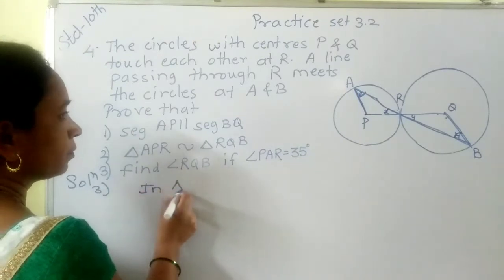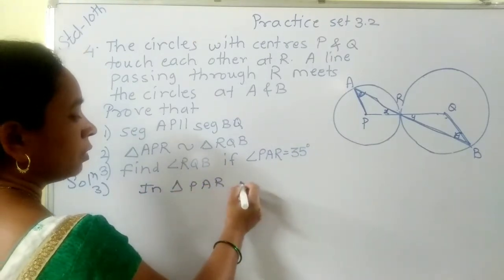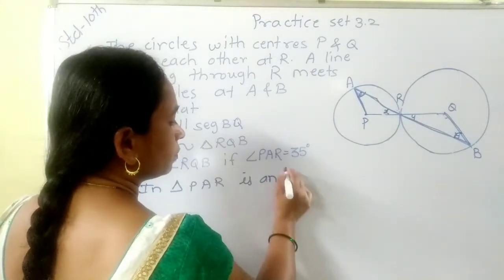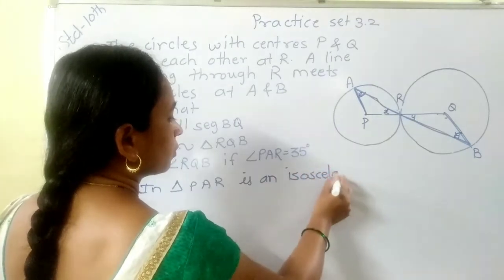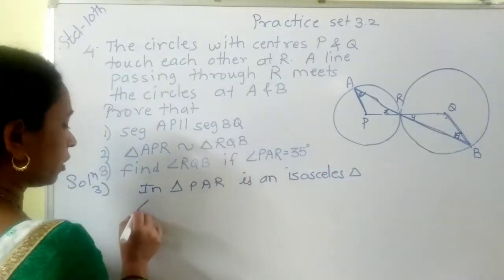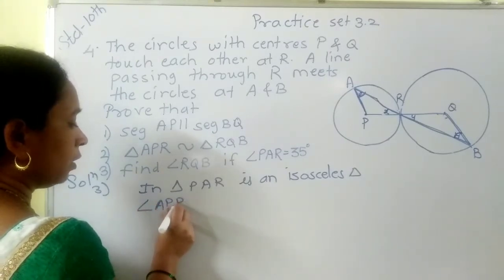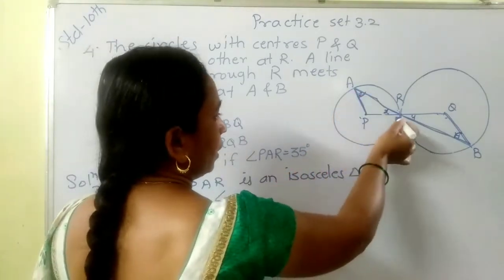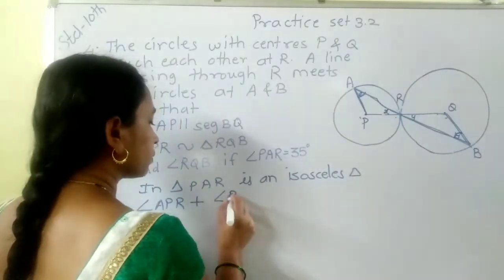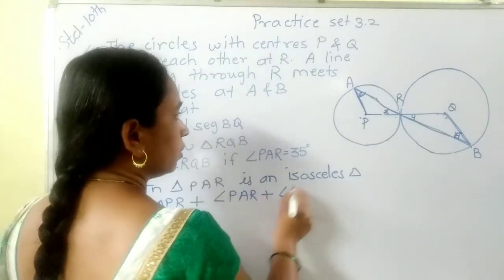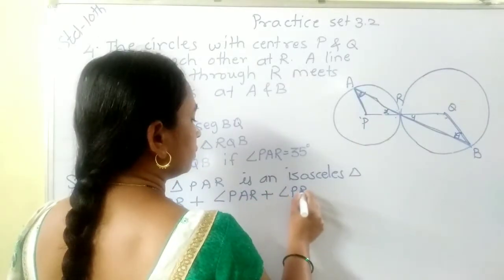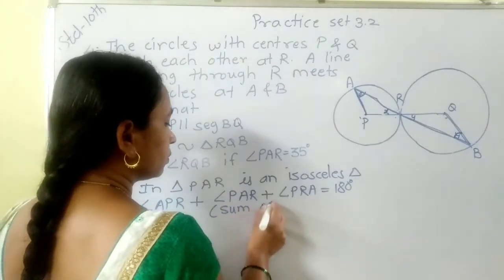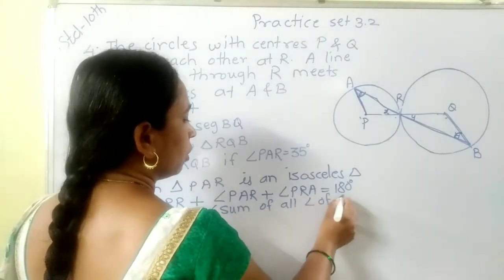In triangle PAR, which is an isosceles triangle, angle APR plus angle PAR plus angle PRA is equal to 180 degrees. Reason for this: sum of all angles of a triangle.